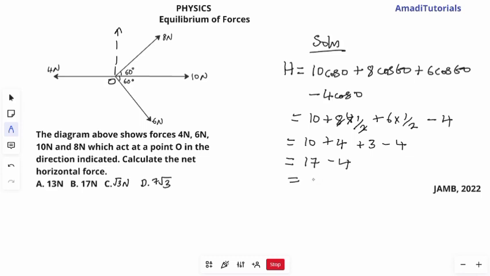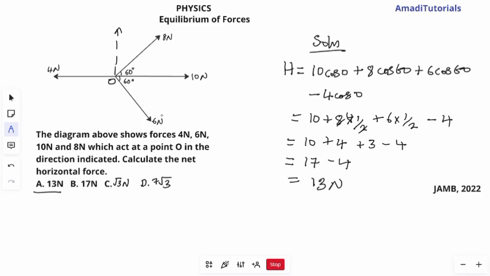That equals 13 Newton. So the total horizontal force equals 13 Newton, which is option A.